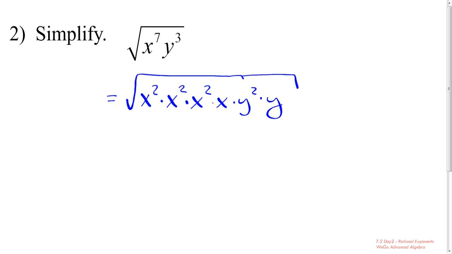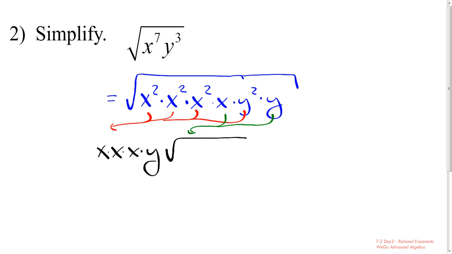Everybody with the x squareds gets to move out front. They go out front. These guys are by the lonesomes. So I get x times x times x times y, square root of x times y.